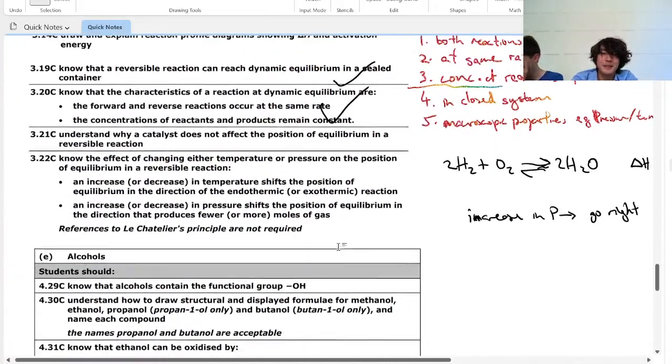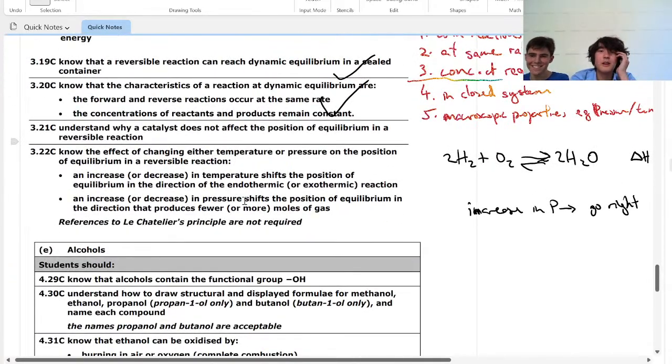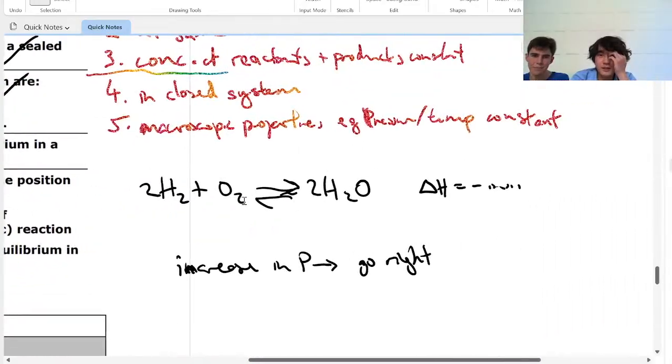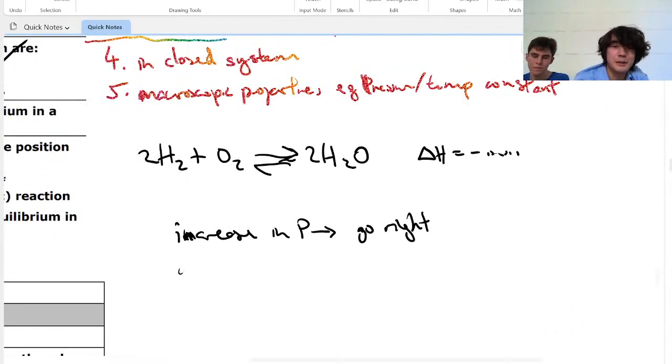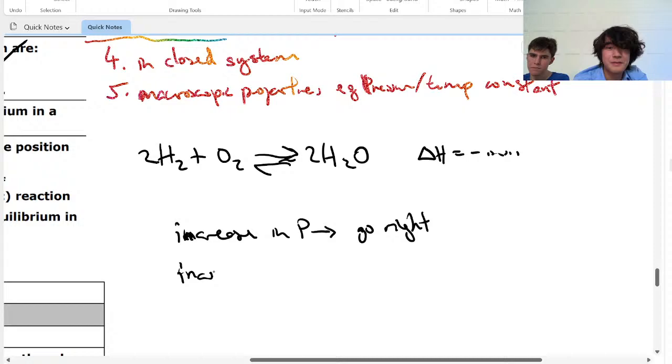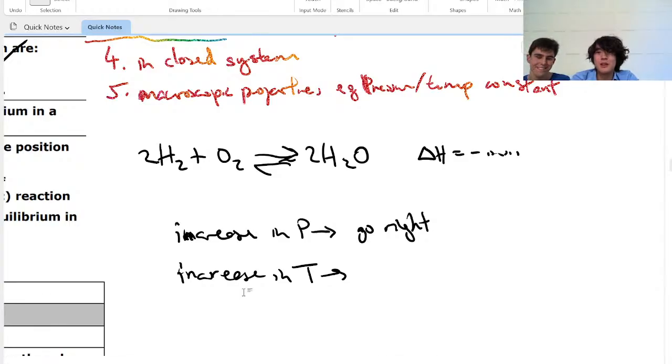And the second thing they'll ask you is an increase in temperature. It's the same thing but easier: if you increase the temperature, the equilibrium will want to decrease the temperature. So the equilibrium is going to go in the endothermic direction, because the endothermic direction absorbs heat from the surroundings, and that decreases the temperature.